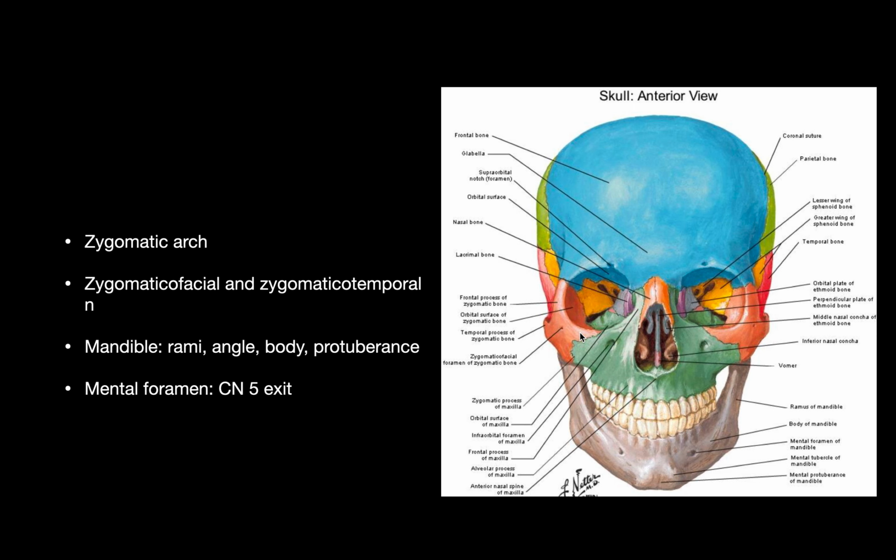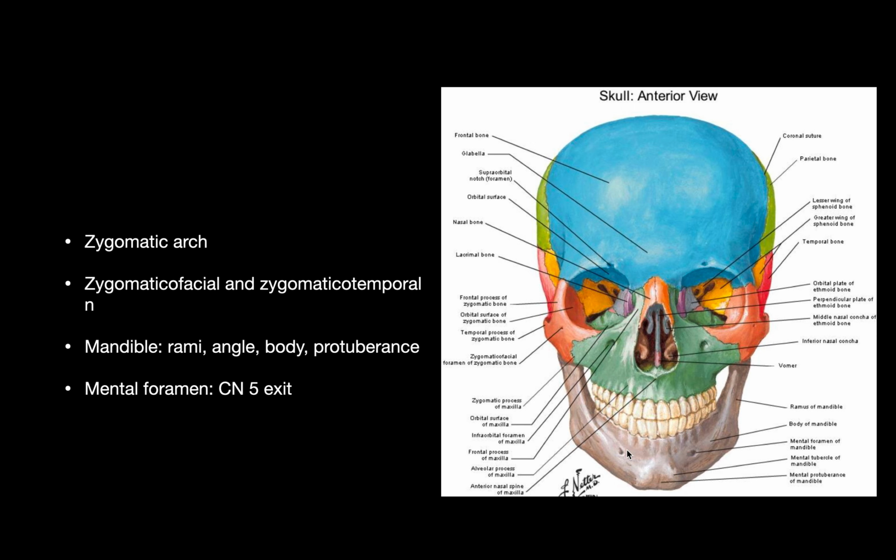So on the zygomatic bone in general, there's the zygomaticofacial and the zygomaticotemporal nerves that pierce it. And then the mandible is made out of the ramus, or the rami, that's the plural, the angle, which is right here, of the jaw, the body of the mandible, and the protuberance is the chin.